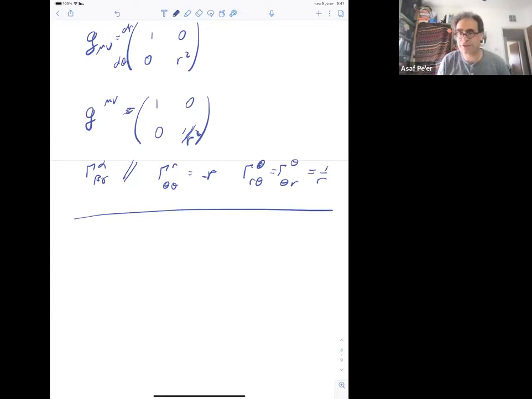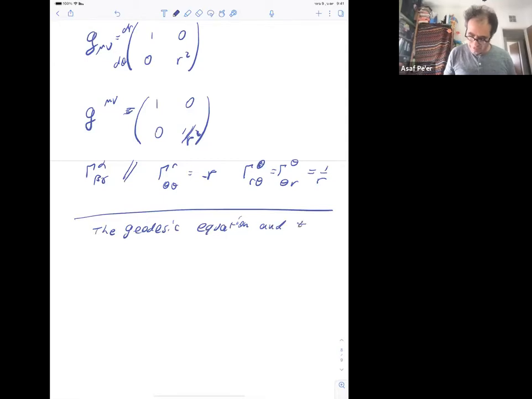It's not crucial, it's just to show you the point. And the point is that the geodesic equation really gives you the shortest path between 2 points, namely the path that minimizes the time it takes. So the geodesic equation and the variational principle.